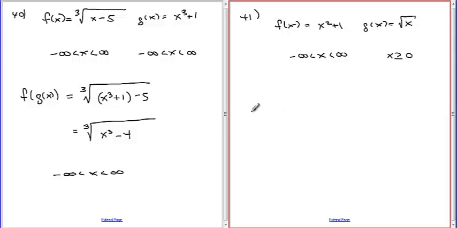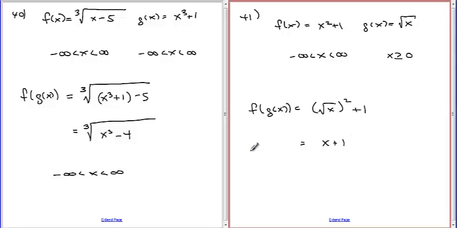So the composite function f of g of x, so for x in this expression, we put in the square root of x. So you get the square root of x, squared, plus 1. And so if you square that, you'll get x plus 1.